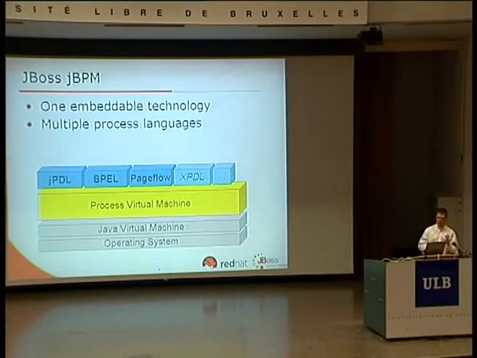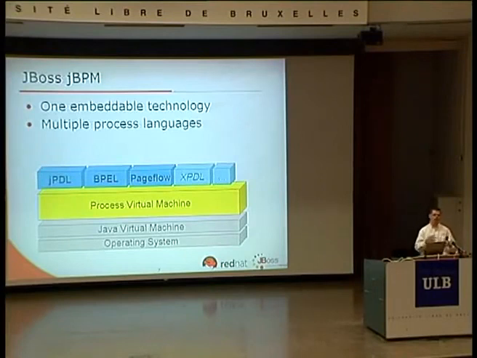Basically the process virtual machine is one Java library that allows you to specify process graphs and execute them on a generic level. But we have built this process virtual machine in such a way that we know that all the features that we find in process languages and workflow languages can be built on top of that. And each process language has its own environment, its own type of process nodes, and its own features and functions that it wants to implement.